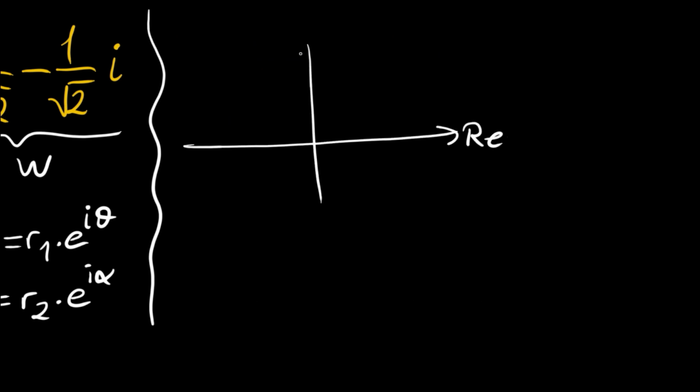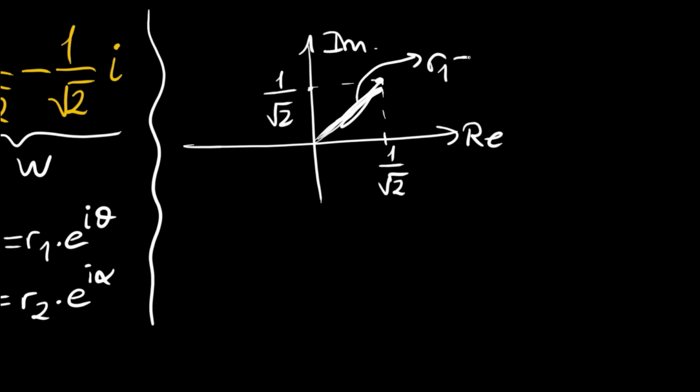draw our complex plane and show our (1/√2, 1/√2) point, and the length, the modulus here becomes 1 from the Pythagorean theorem. This length here, say r1, is equal to 1, and θ is equal to π/4 here, since this is an isosceles right triangle.